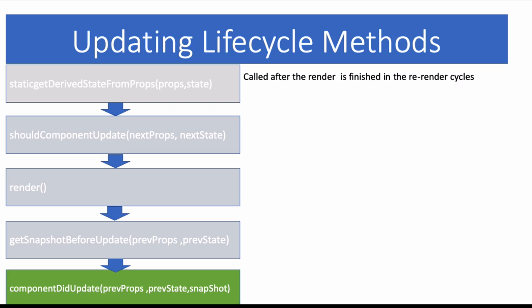What you can do is call side effects. This means you can make an AJAX call, but before making a call, you have to compare the previous props with the new props and then decide whether to make an AJAX call or not.